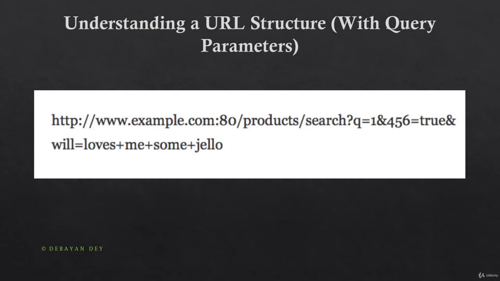But fear not, this is a super simple guide to understanding a URL's structure, broken down in a format that's easy to understand. So here is a sample URL that we'll try to understand. To see what's going on in the URL, here are the various parts broken down into pieces.